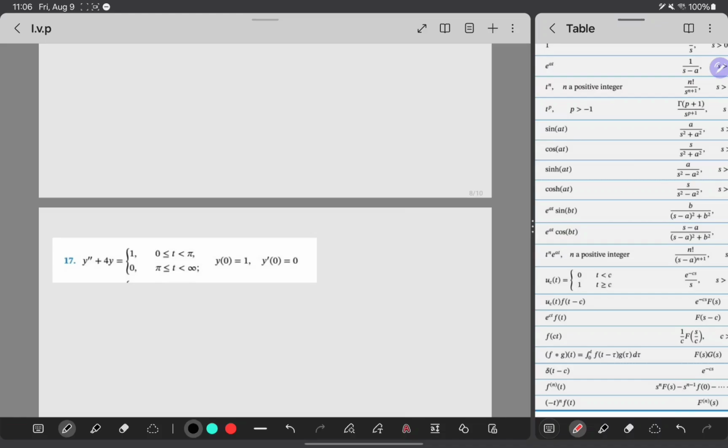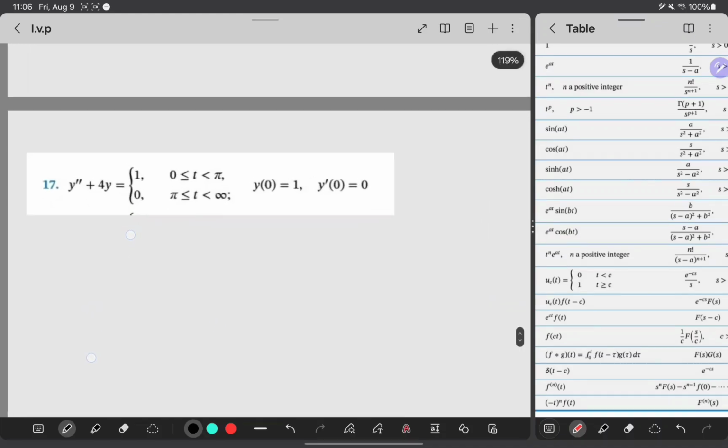So for piecewise, oh, I remember what to do. Give me 1 second. Yes, I know what to do.